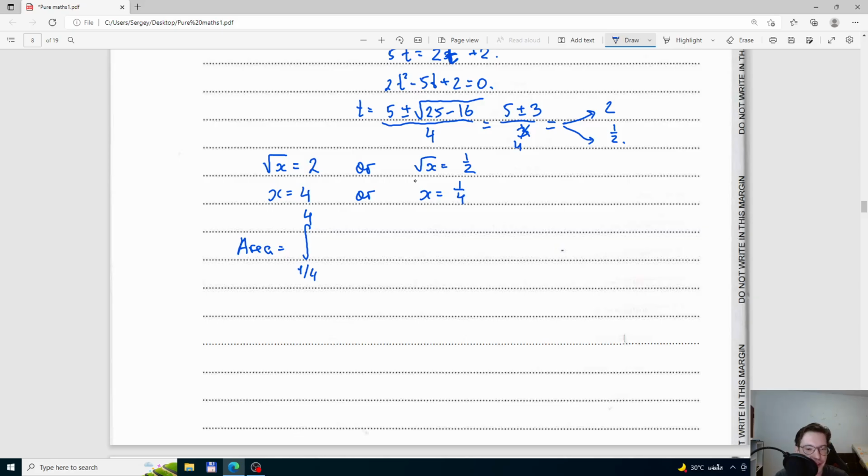Okay, let's integrate the upper curve, which is 5x to the power of 1 over 2, minus the lower curve, which is minus 2x, and then minus 2, dx, right? 5, then x to the power of, add 1 to the power, which is 3 over 2, divided by the new power, which means, okay, division by 3 over 2 is the same as multiplying by 2/3.